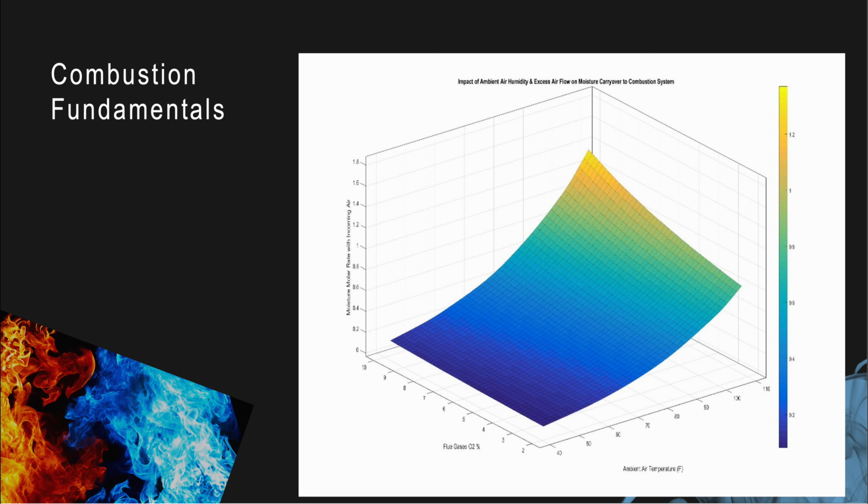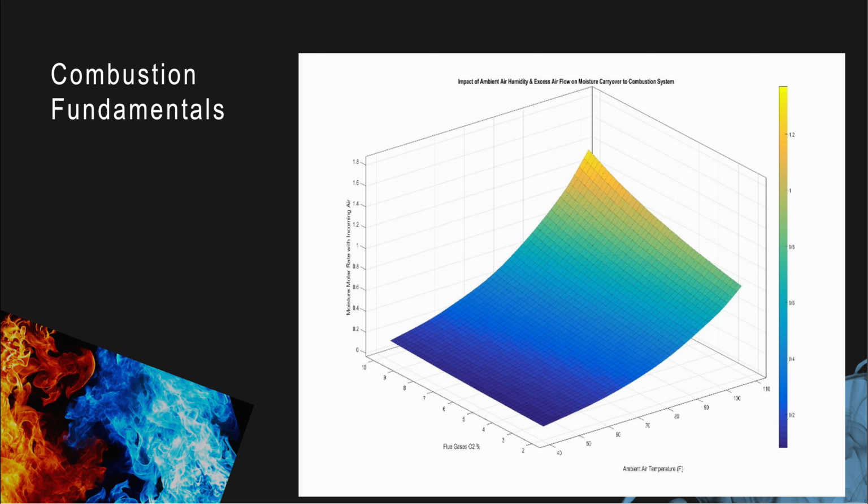The flue gases on that side implicitly represent the air to gas ratio. So here is the air gas ratio, and here is the ambient air temperature. Along with those two, it will be showing you the moisture molar rate with incoming air. This just shows you the percentages.